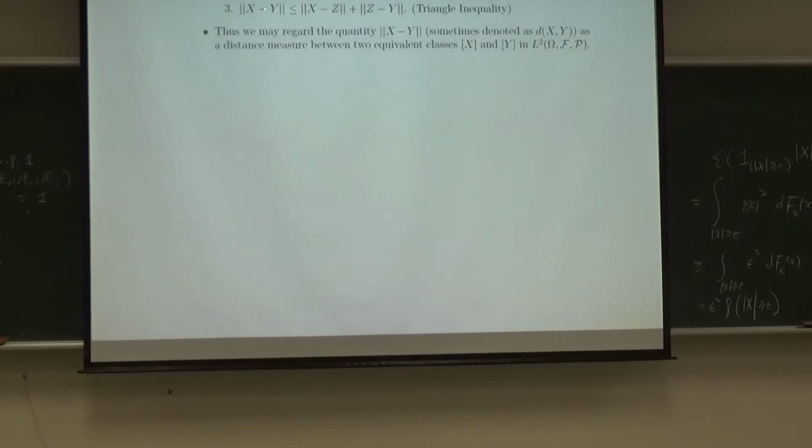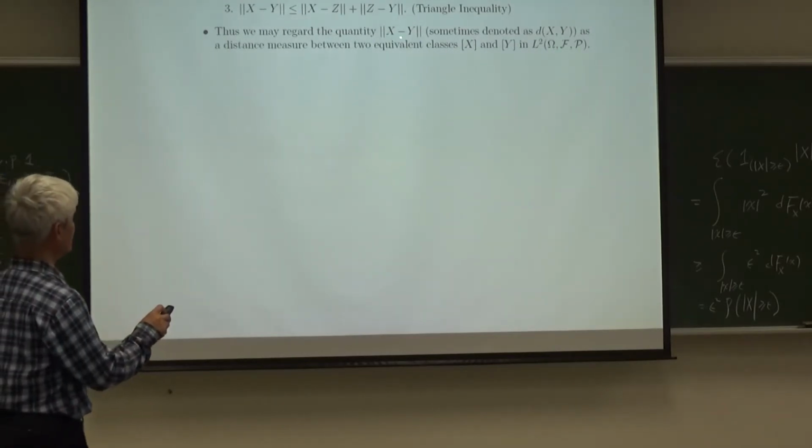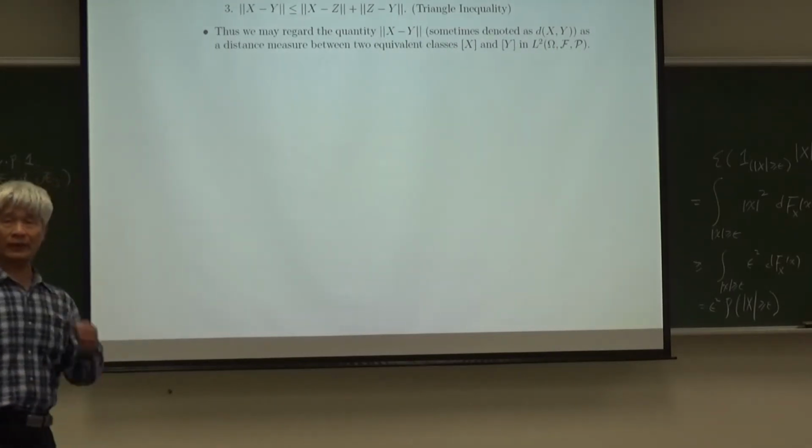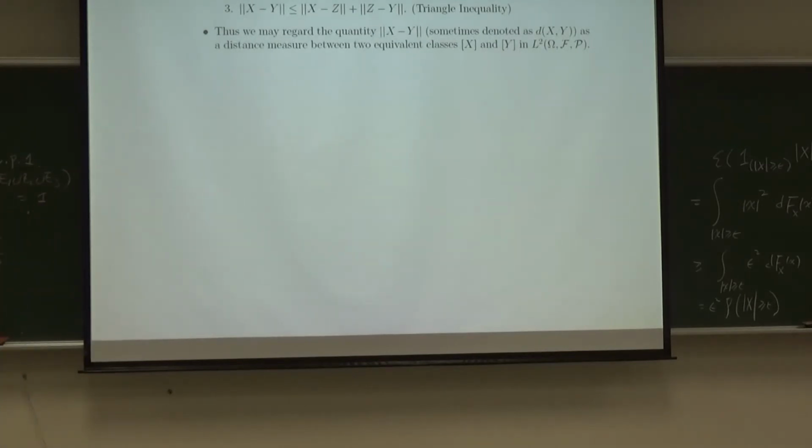So it's a distance. So now we may regard the quantity as the distance between two random variables, the norm of the difference of X and Y, just like in Euclidean space, where the distance between two vectors is the length of their difference vector.